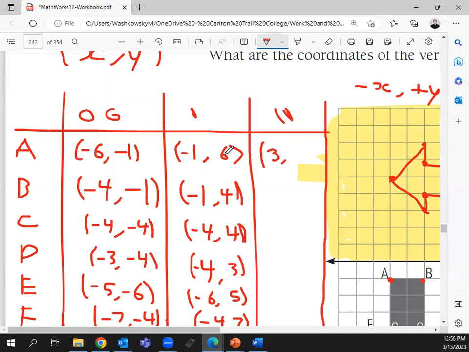And then 6, if it's going down 3, what's going to happen to 6? Is it going to increase or decrease? It's going to go down, yeah. So if I go 4 to the right and 3 down, my prime coordinate now turns to 3, 3. That's its new coordinate. It went 4 to the right, 3 down.